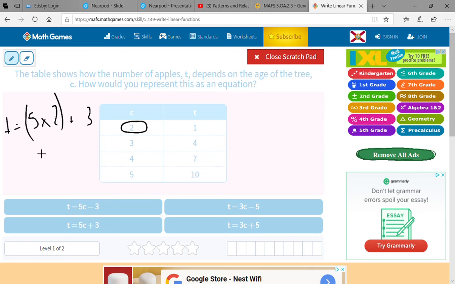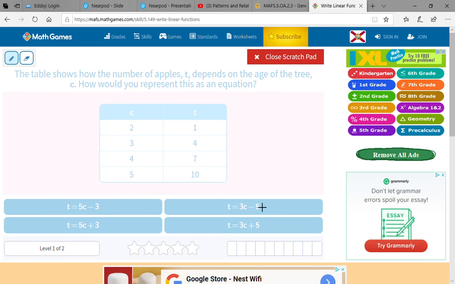So 5 times 2 is 10, plus 3 is 13. When I input that first number, it's supposed to equal 1, but I'm getting 13, so this is also not the right equation.